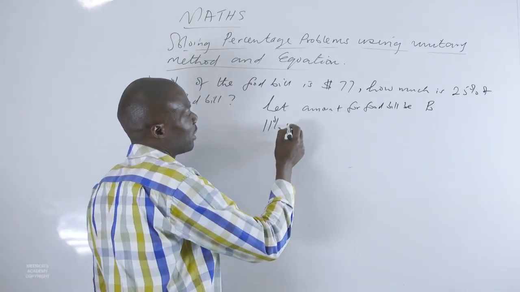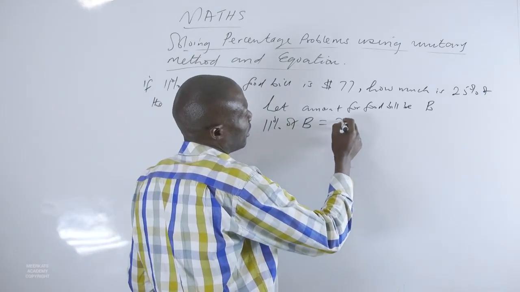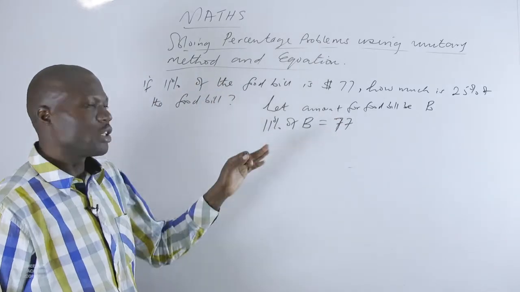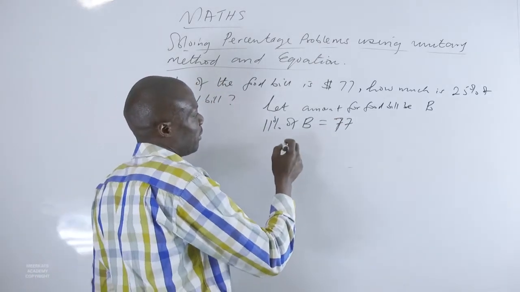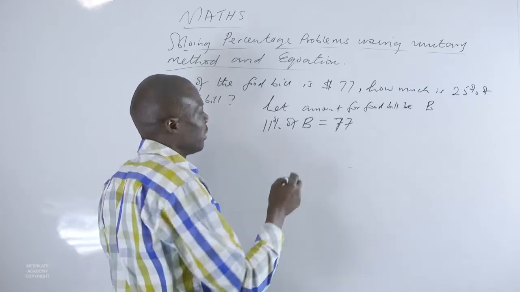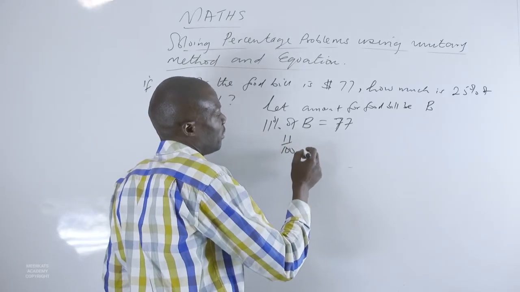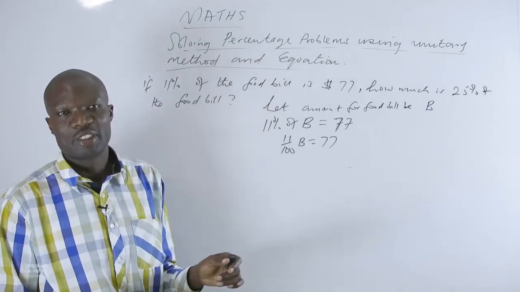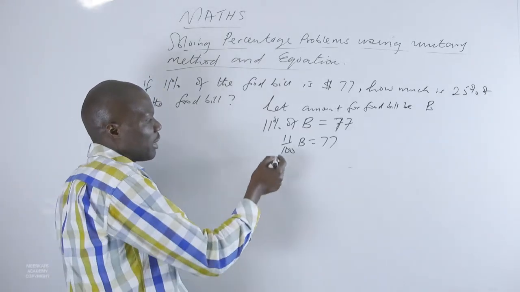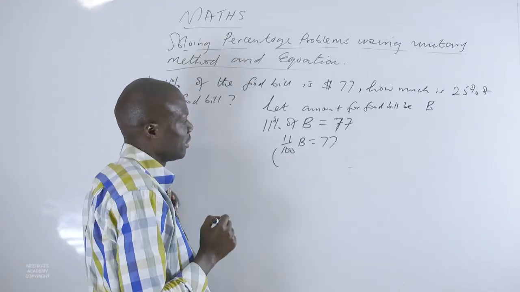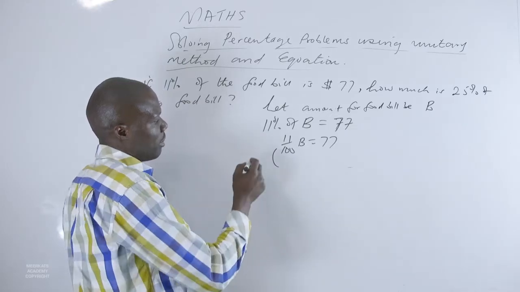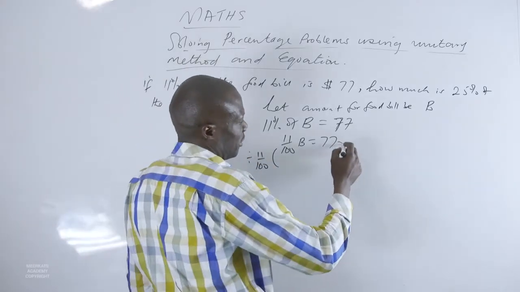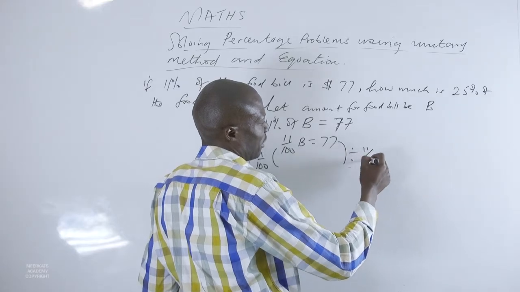It will be 11% of B is 77, right? Which means that 11%, which is 11 over 100 B, is 77. Divide this side by 11 over 100. Divide this side by 11 over 100.